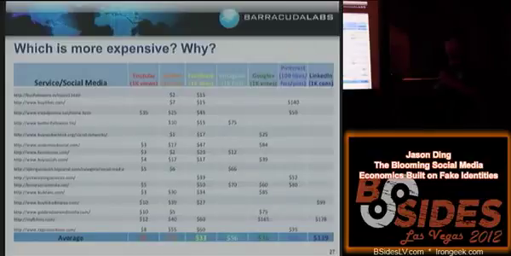Like LinkedIn, you can do much more SEO, their ranking on Google, this kind of stuff. That's why they're selling much more expensive. But if you're willing to spend $2,000-$3,000, you could almost take somebody off the whole social internet.